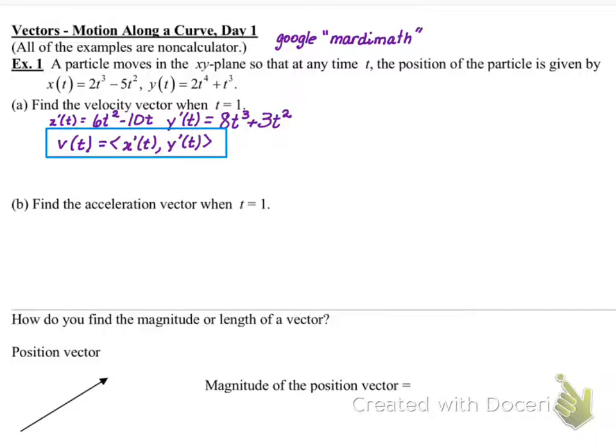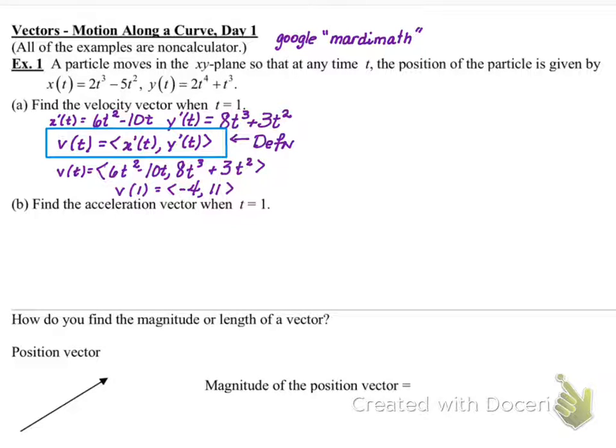For those of you who have not seen this before, which I believe most of you have, this is actually a definition of velocity, or the velocity vector. Okay, so we can go ahead and define v of t and find v of 1.